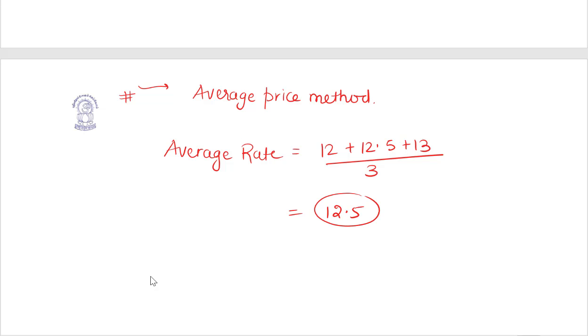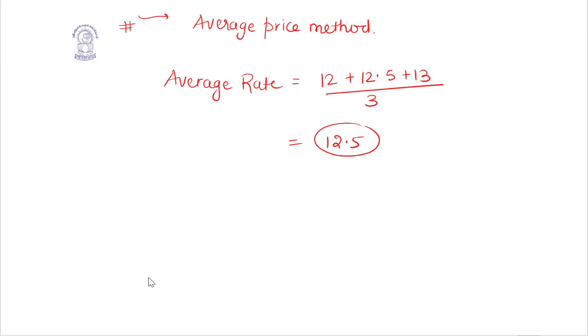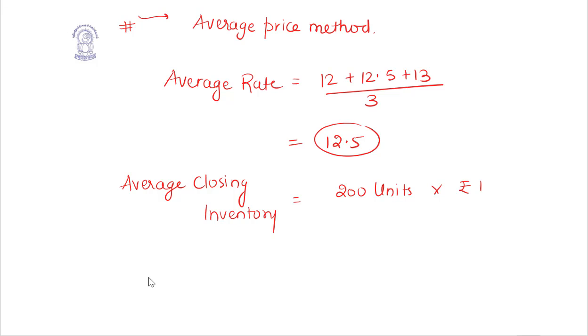So the average rate over here is 12.5. Average closing inventory equals 200 units multiplied by 12.5 equals 2500.